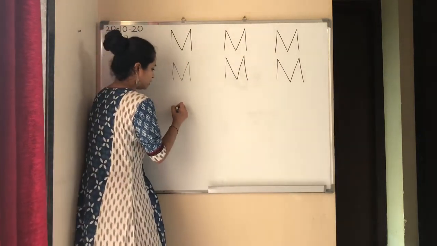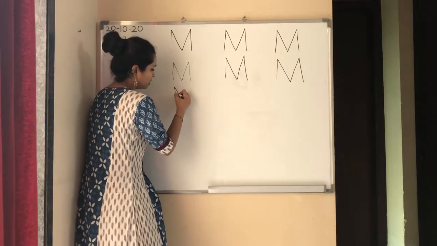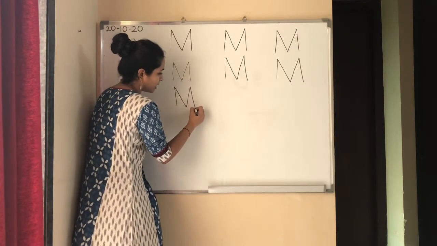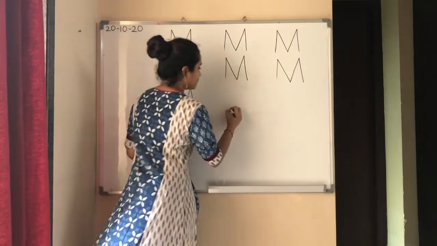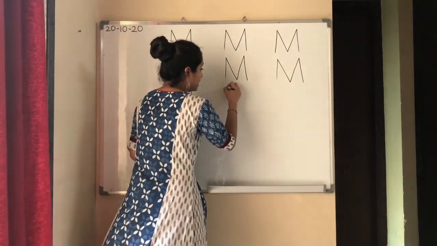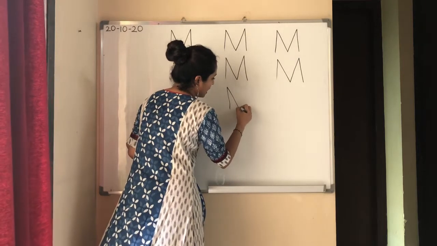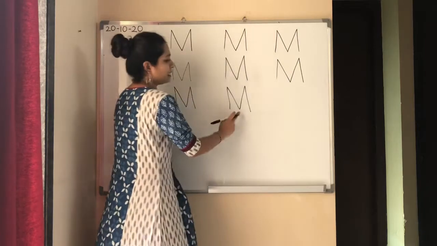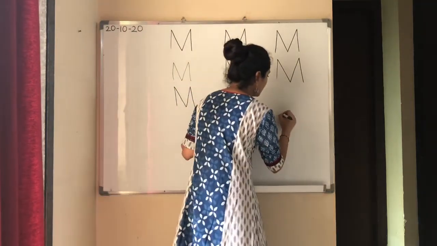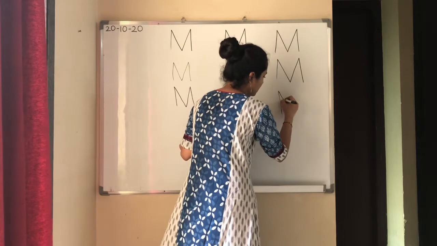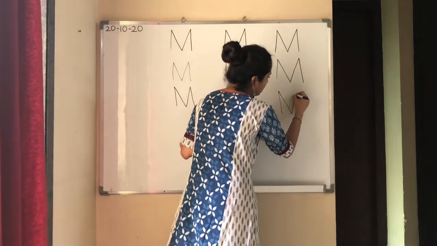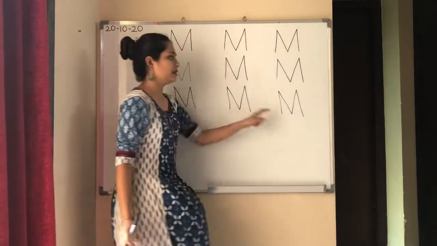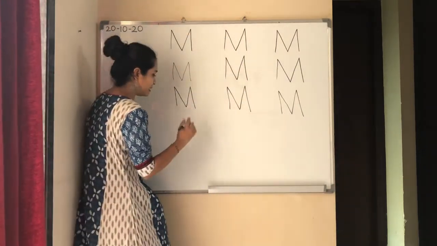Again, let's write. Go up standing line, come down slanting line, go up slanting line, come down standing line. Letter M. Come on, last line.